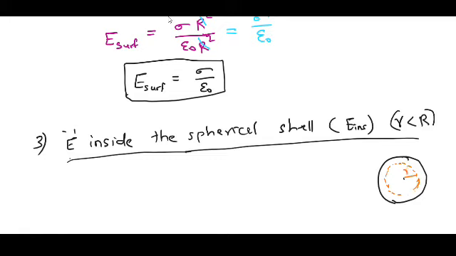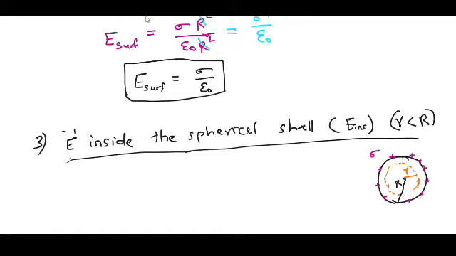This is small r and this is the capital R. Remember, all the charges are deposited on the surface, as shown in the figure. That is sigma, all the surface charges are situated at the radius capital R.